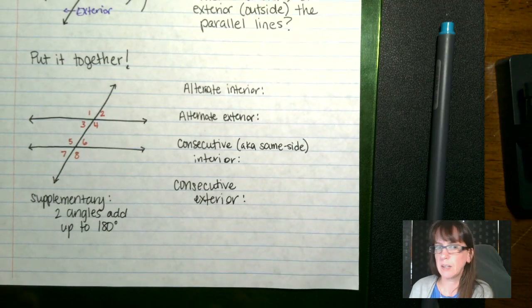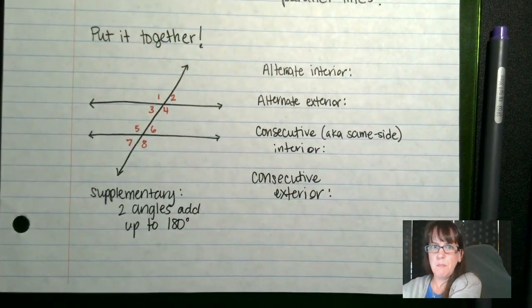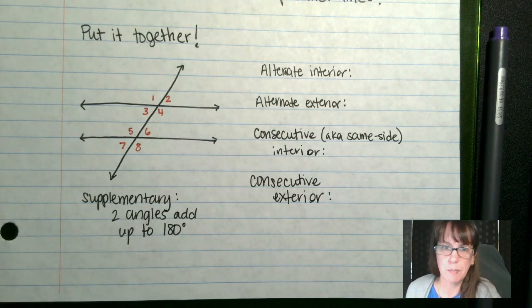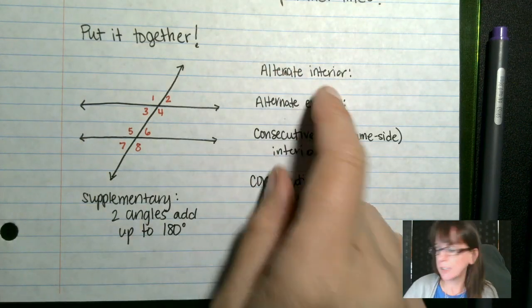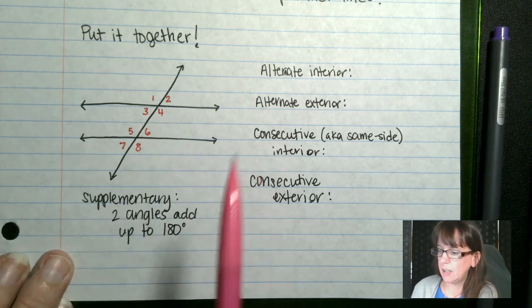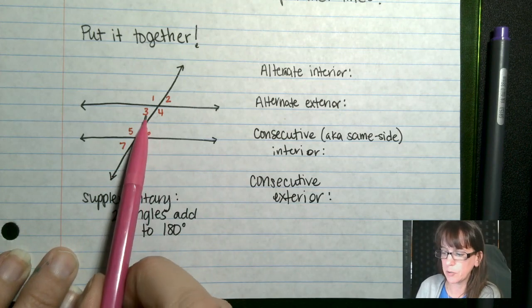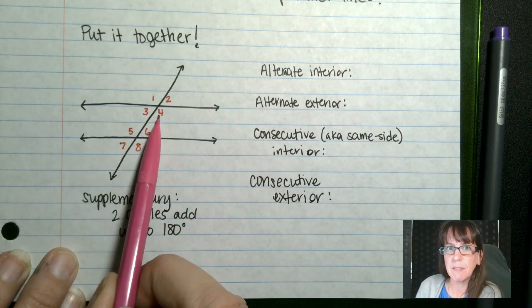So looking at this list of angles here, and my apologies if you are on your phone or something and this is kind of small. Sorry about that. Alternate interior angles would be if we had on the inside here, so 3, 4, 5, and 6. Alternate would be 3 and 6 and 5 and 4.